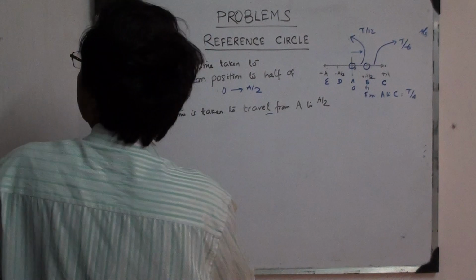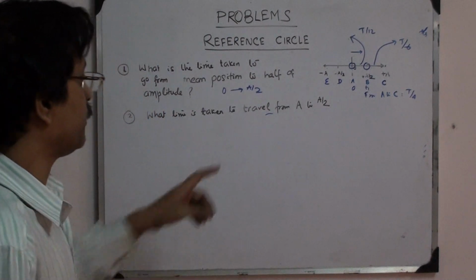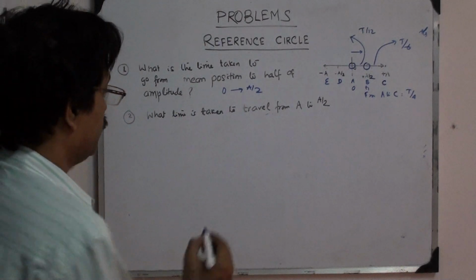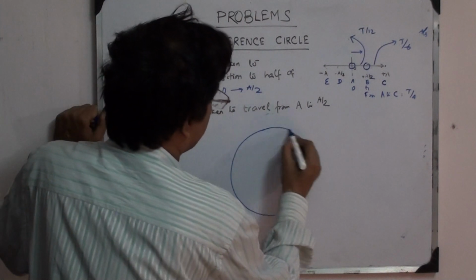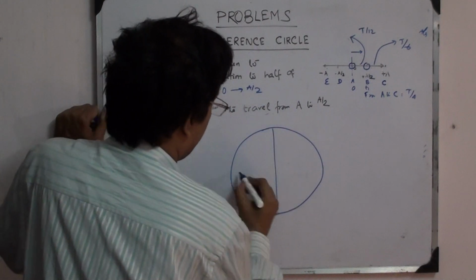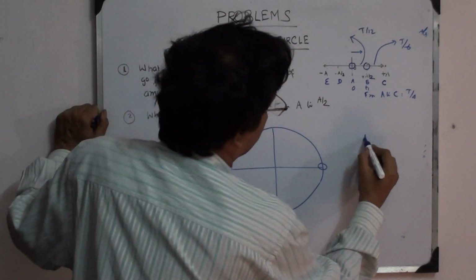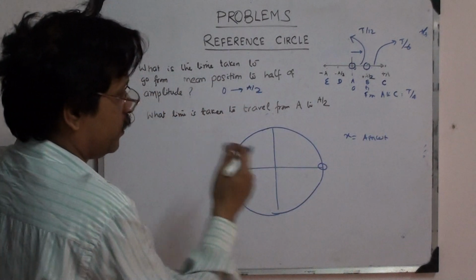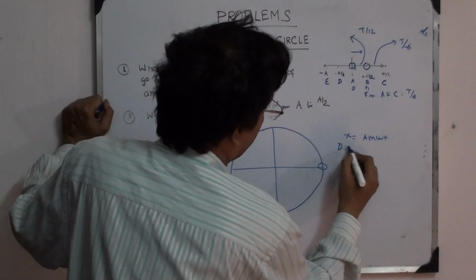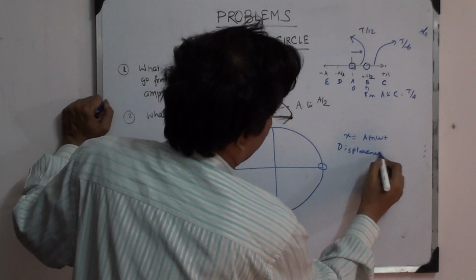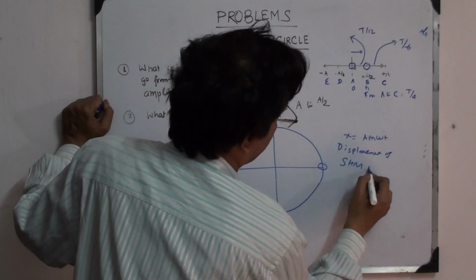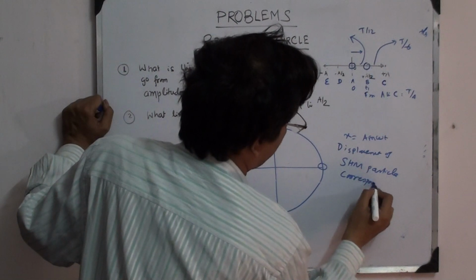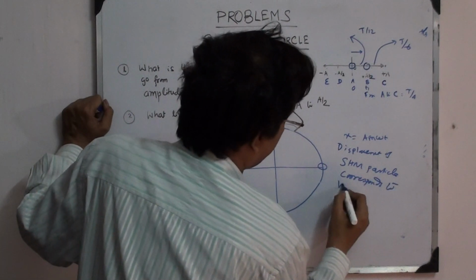The other thing is this: what time is taken to travel from A to A by 2? Now let us try to do it directly through the reference circle. So I draw a reference circle like this, and my journey starts here because my equation is A sin omega t. So at t equal to 0, my x is 0, and the displacement of the SHM particle corresponds to the vertical projection.